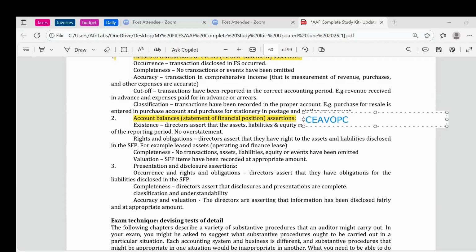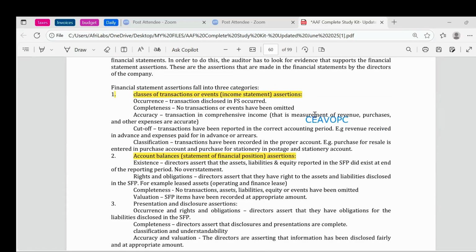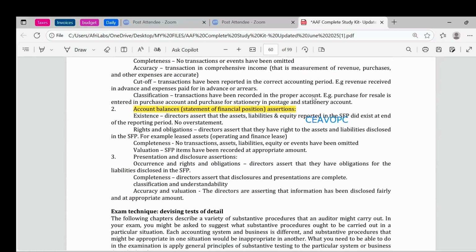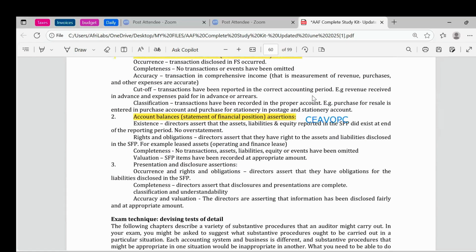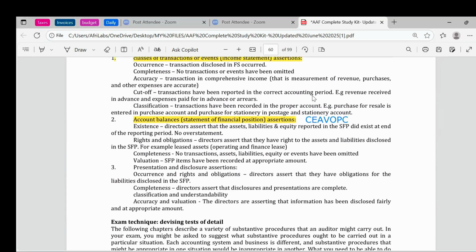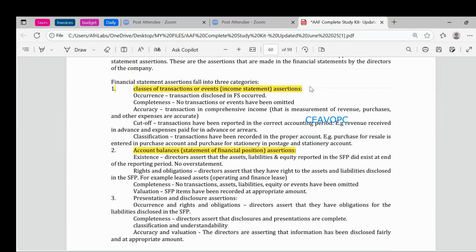While the acronym for your income statements is extracted from this CVOPC as POCA. So we call it POCA.